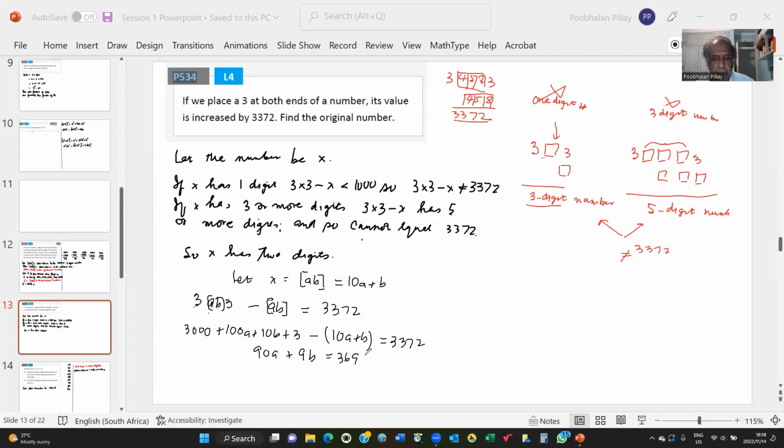When you put all the A's and the B's together, this is the same as 10A plus B. If you divide by 9 throughout, because 9 goes into this exactly, it's 9 times 41. You can see the sum of the digits is 18, so 9 goes into this. So you can divide by 9 throughout, and 10A plus B is precisely the number X that you're looking for. So the answer is 41.